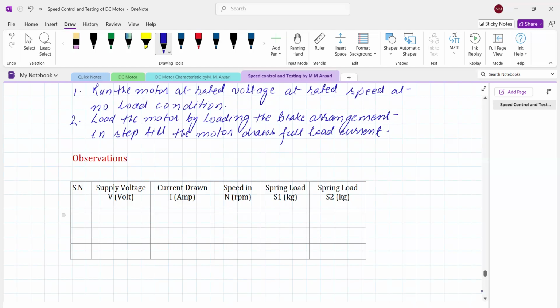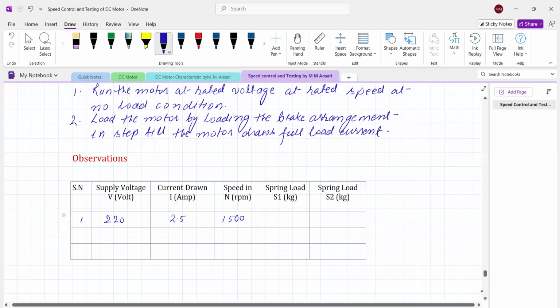Under no load condition, the first load will be 0. Let us consider the first reading: it is rated as 220 volt, and the current is say 2.5 ampere at no load condition, whereas the no load speed is 1500 rpm, and the first and second spring balances read 0.